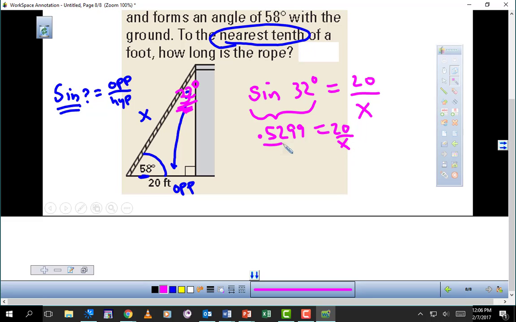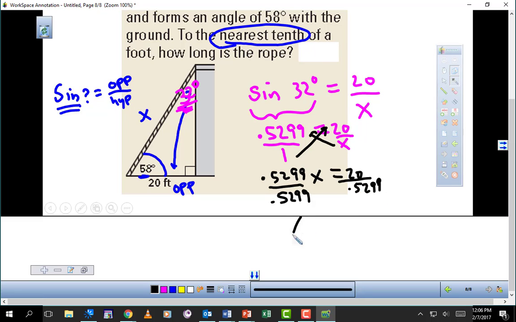Once again, we put a 1 here, then cross multiply this way and cross multiply this way, just like we did a few moments ago. And so we get the answer that we came up with before.